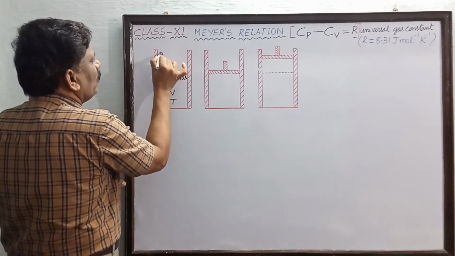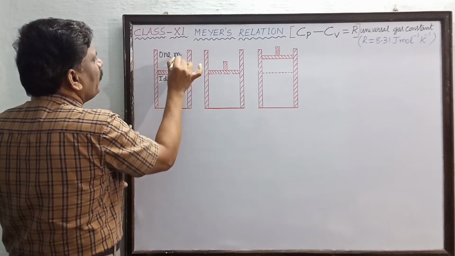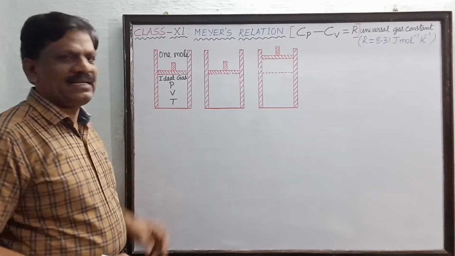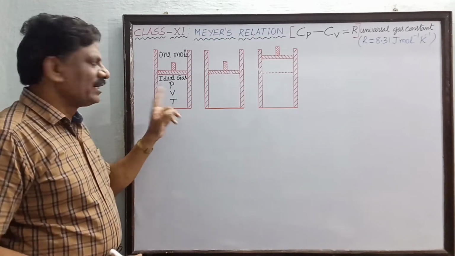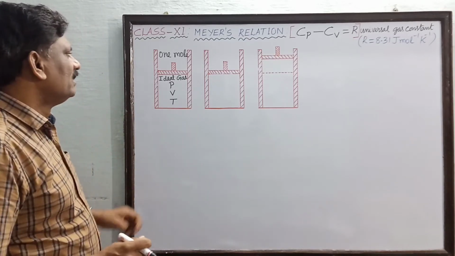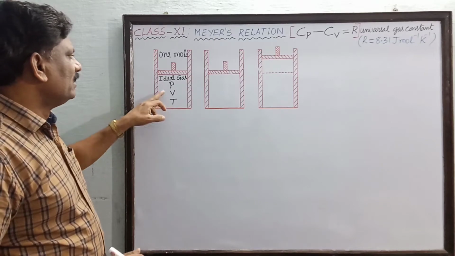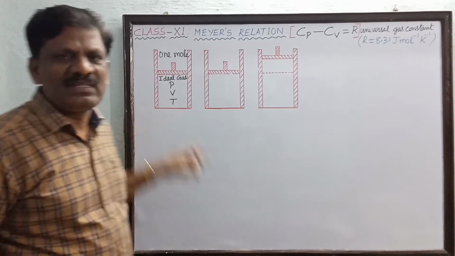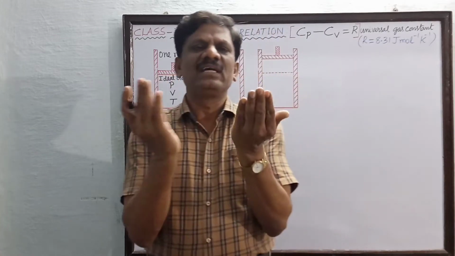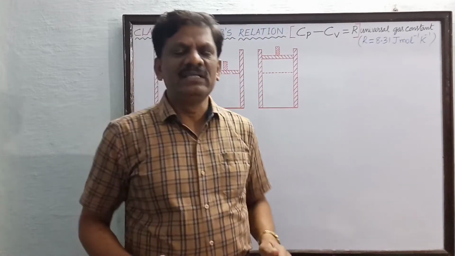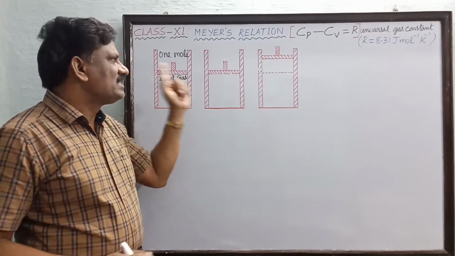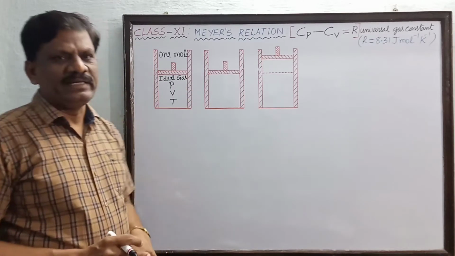So I am going to consider 1 mole, for example, of an ideal gas taken inside a container, a cylindrical container always we will consider. And you can see that except the bottom of the cylinder, the walls of the cylinder are insulating, and the frictionless, smooth piston is also insulating.